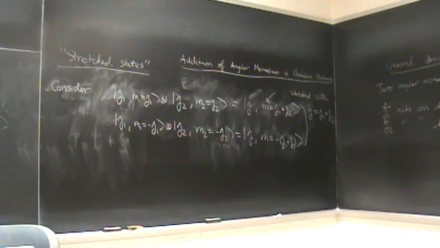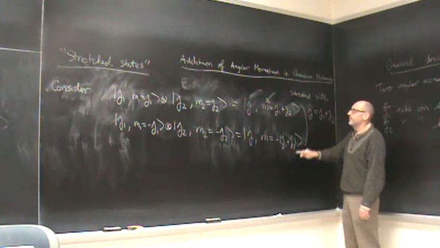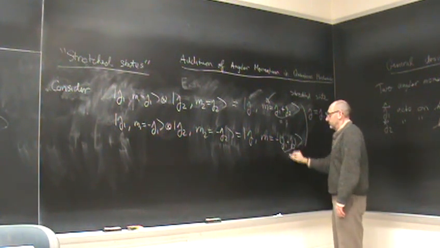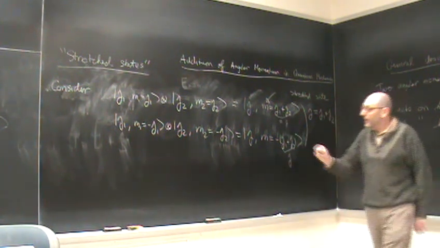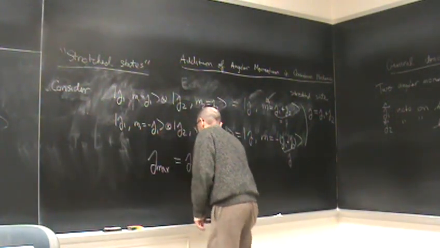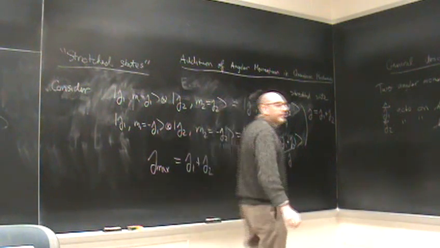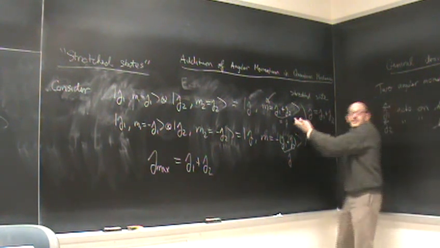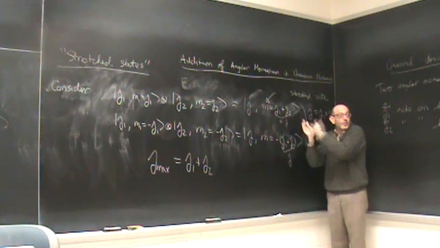And M is either the maximum projection or the minimum projection. So we know that the max possible J is J1 plus J2. There's no way it could be any bigger. If it was any bigger than that, then M max would be bigger than that. And M max has to be J1 plus J2. There's no bigger total M than that.